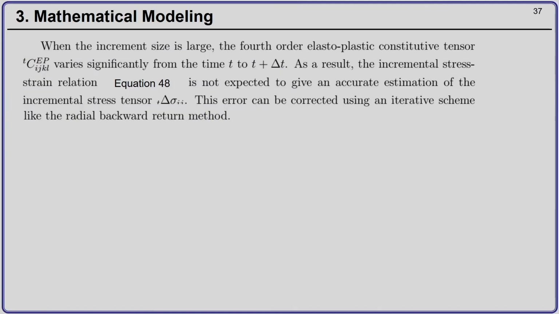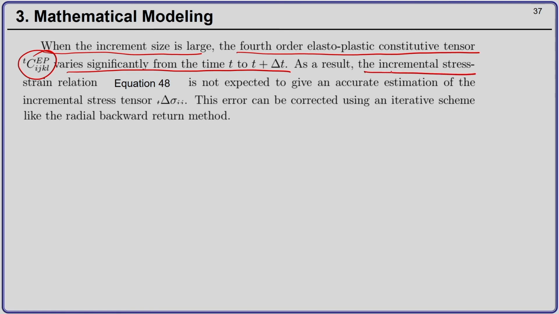So, the final point before we move to finite element formulation is when the increment size is large, the fourth order elastoplastic constitutive tensor given by CEP varies significantly from t to t plus delta t, which means that the incremental stress strain relation given by equation number 48 is not expected to give an accurate estimation of the incremental stress delta sigma ij.